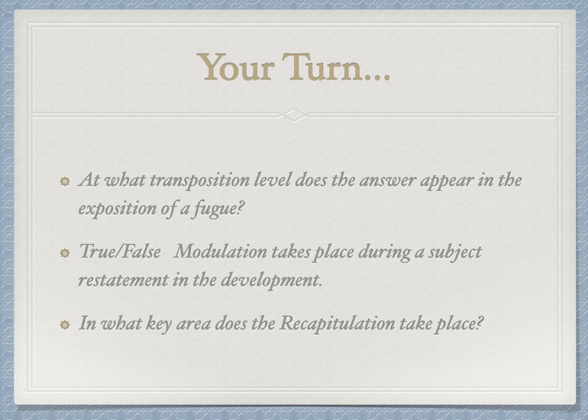Since listening to a whole fugue is rather time-consuming, your practice in this video is recalling a few key facts. So let's start. At what transposition level does the answer appear in the exposition of the fugue? The answer is at the fifth or the level of the dominant.